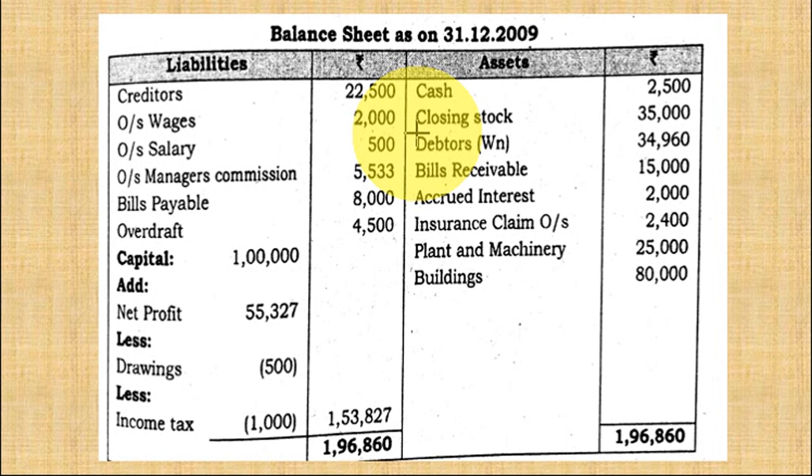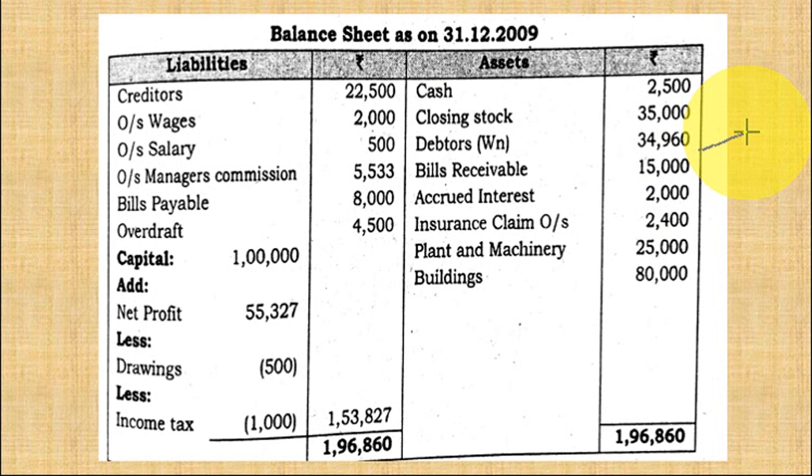So we got 36,800, right? So that is the good debtors. Less new RBD. RBD we calculated 1,840. 36,800 minus 1,840, that is 34,960. So we are writing 34,960.